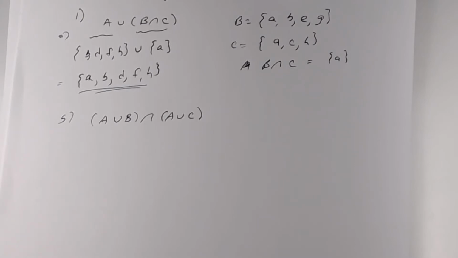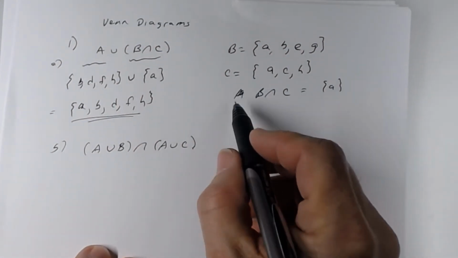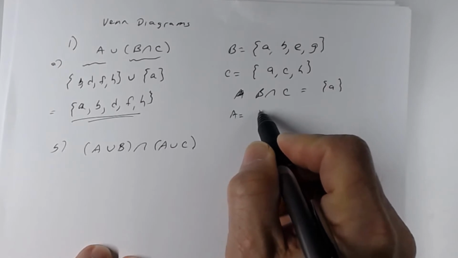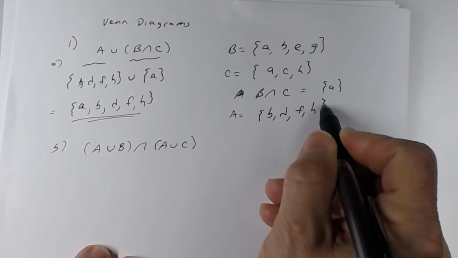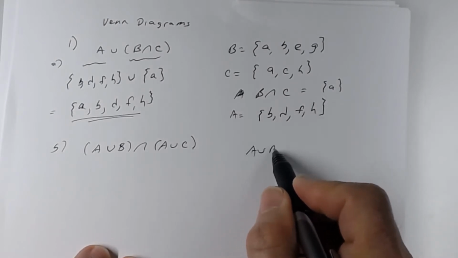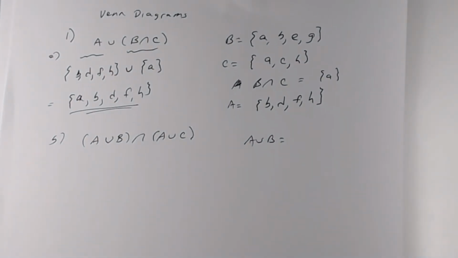So A union B. Let me list A here: B, D, F, and H. A union B means I'm going to include all the elements in A or all the elements in B together, right? So let's union those two sets.